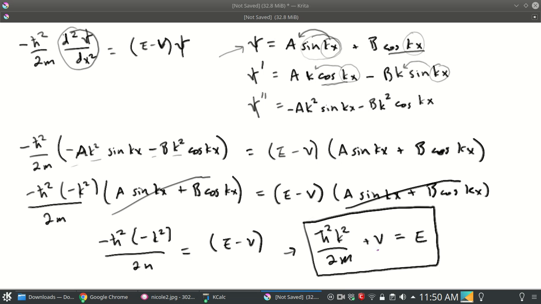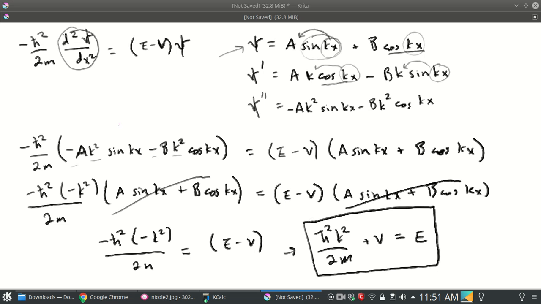So that's the energy. Now, how do you know that this is a solution? You know because this E, the eigenvalue, has to be a scalar, like a number, not a function, not a vector. And these are all scalars here. H bar is a constant, k is a constant, 2 is a constant, the mass of whatever particle we're talking about is constant, and the potential energy.